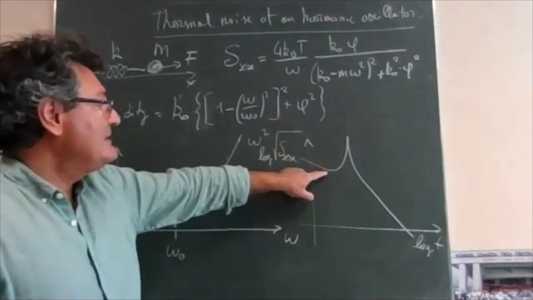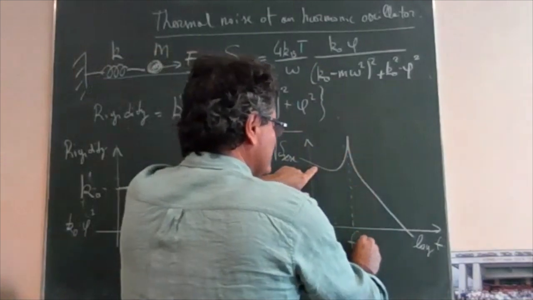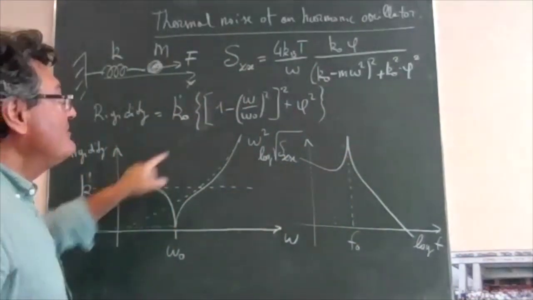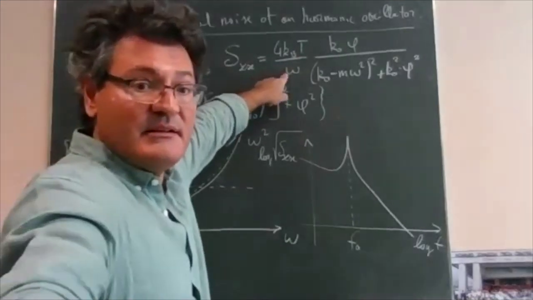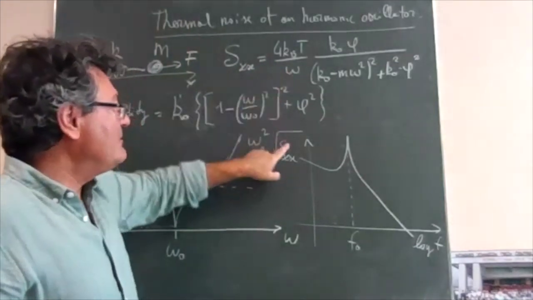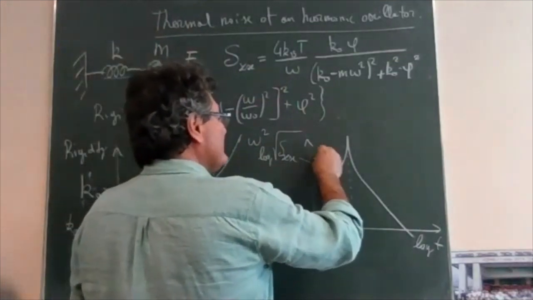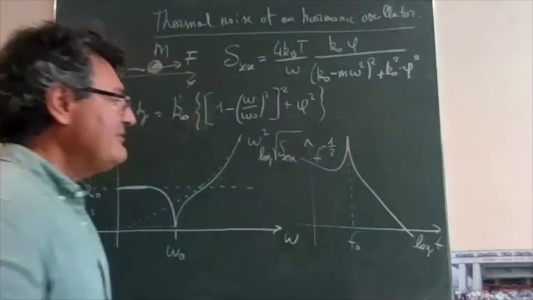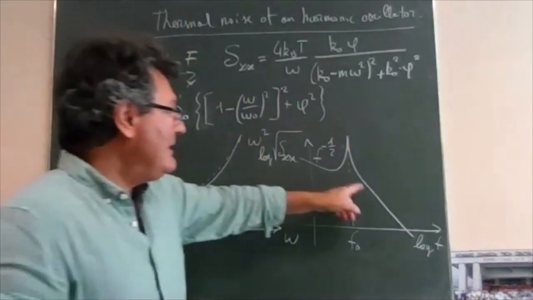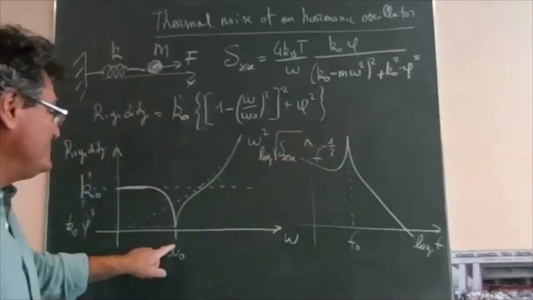So at the low frequency, this corresponds to f naught. At low frequency, when the rigidity is constant, the frequency dependence is given by this 1 over omega. So we plot the square root of it, so this is like f to the minus 1 over 2. At the resonant frequency, we have the maximum of thermal noise because the rigidity is 0.